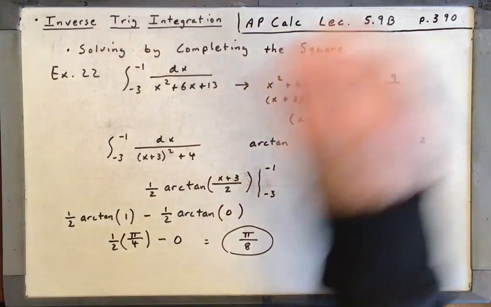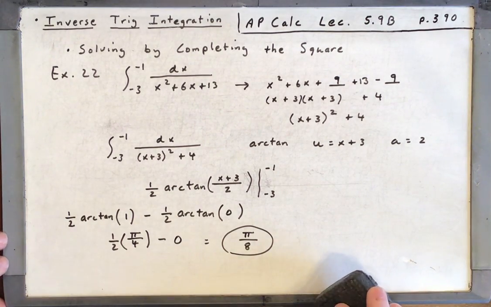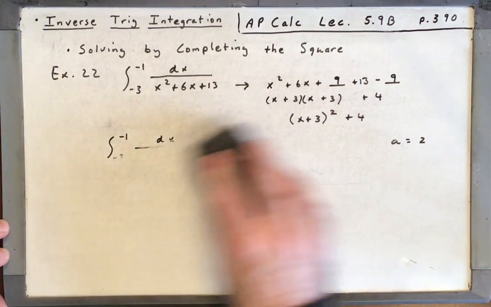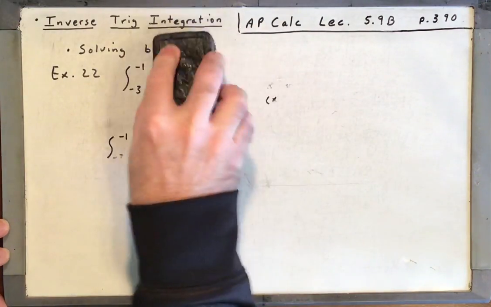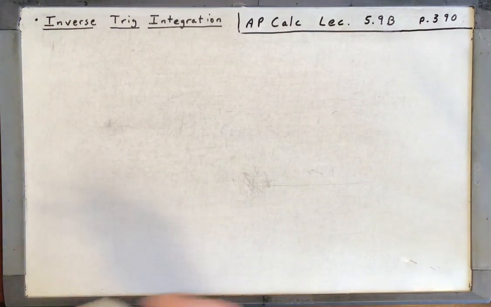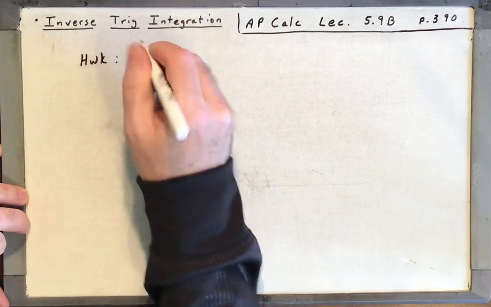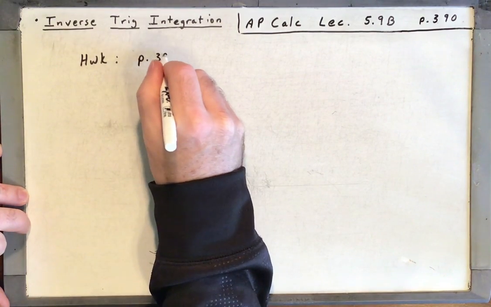Okay. So pause the video if you need to, and we'll go over the homework. The homework from this section is page 390.